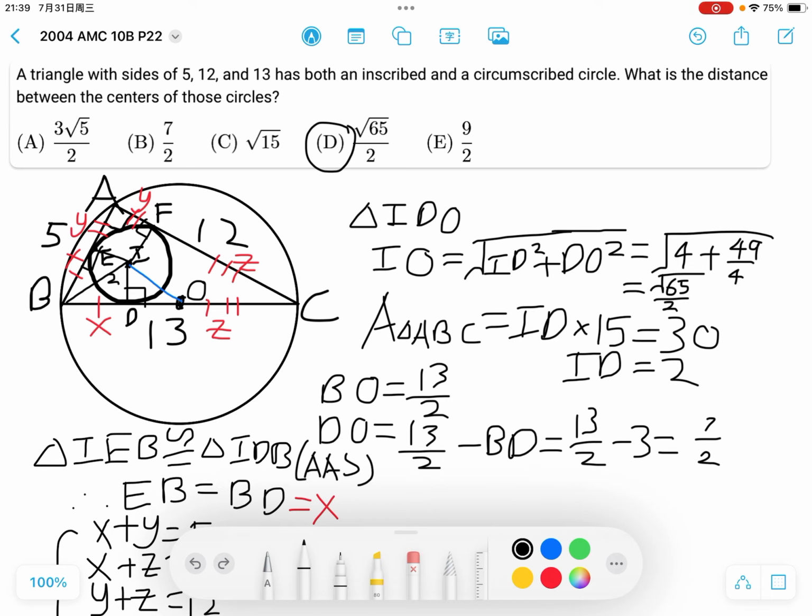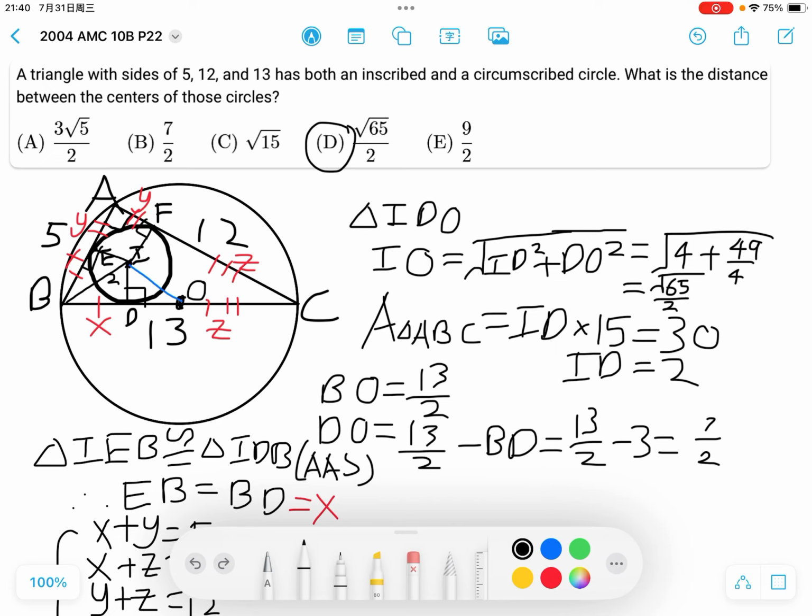We also want to figure out DO, which doesn't look easy. However, BD looks a bit easier, because B is at least a vertex of triangle ABC. So let's figure out BD first. Fortunately we can, because BD is equal to BE, AE is equal to AF, and DC is equal to CF.